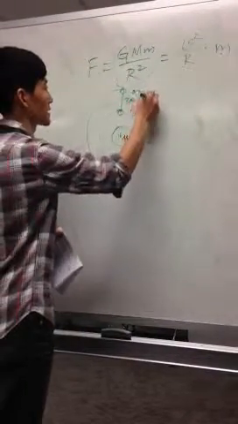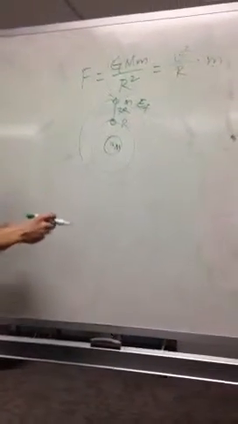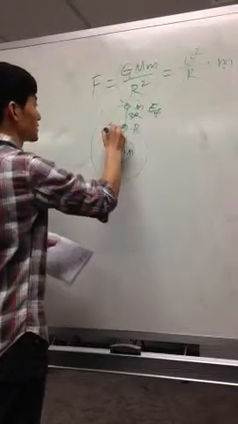The question is asking how much energy you need to give to the spaceship to change the orbit. Okay. So what you need to do is calculate the final energy and calculate the initial energy, right? And then the final energy minus the initial energy will be how much energy you need to transfer to this spaceship.